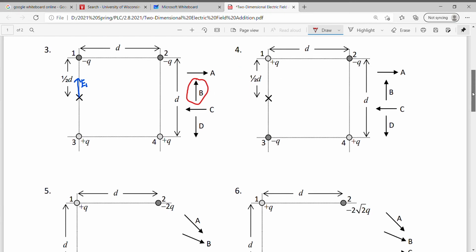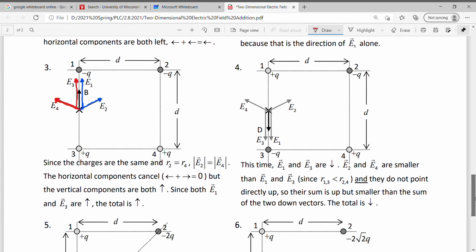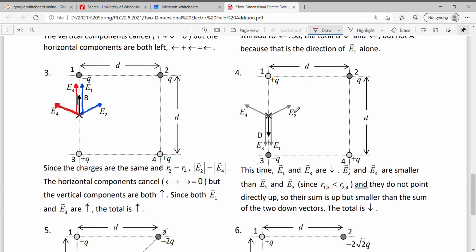Okay. Now let's see problem 4. So it's the same procedure. E1 is produced by this positive charge here, and it's this one. And E4 is also produced by a positive charge, so we use a red pen to label E4.